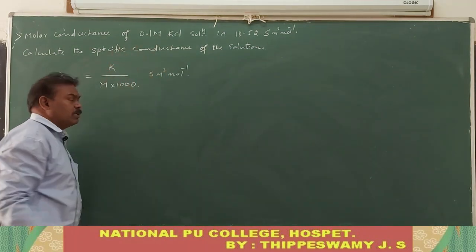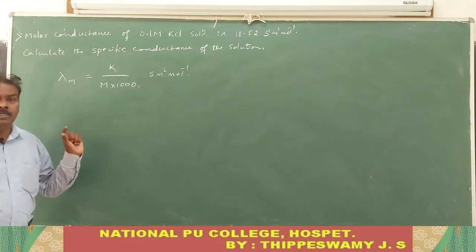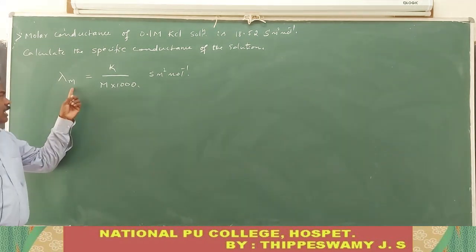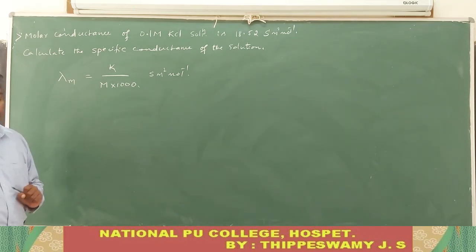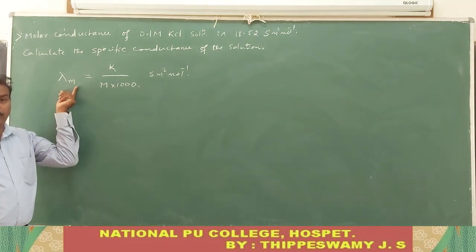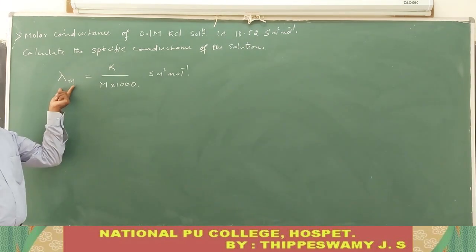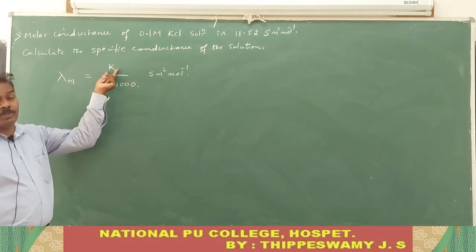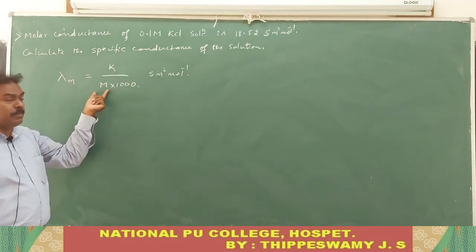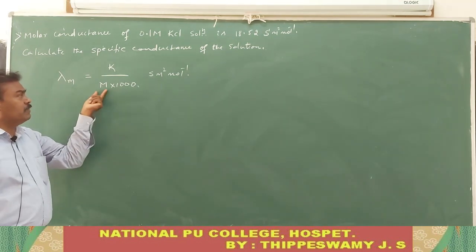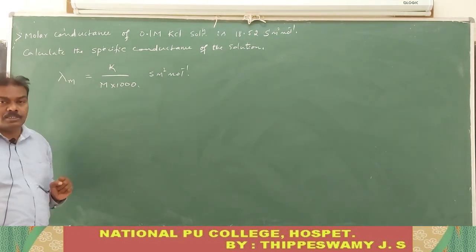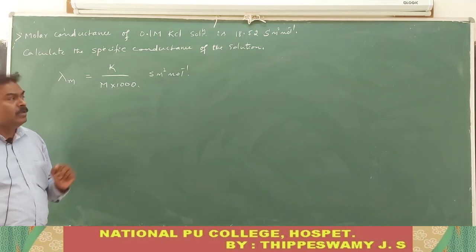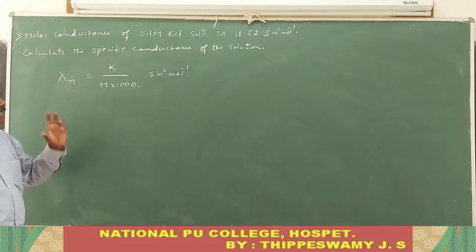This is one of the relations between the molar conductivity and the specific conductivity. Lambda m is called molar conductivity, K is called specific conductivity, M is the concentration of the solution in terms of molarity, and 1000 is a constant.